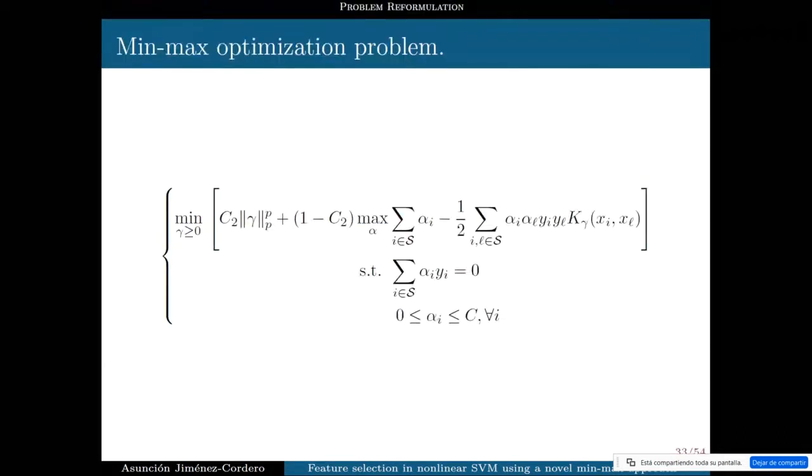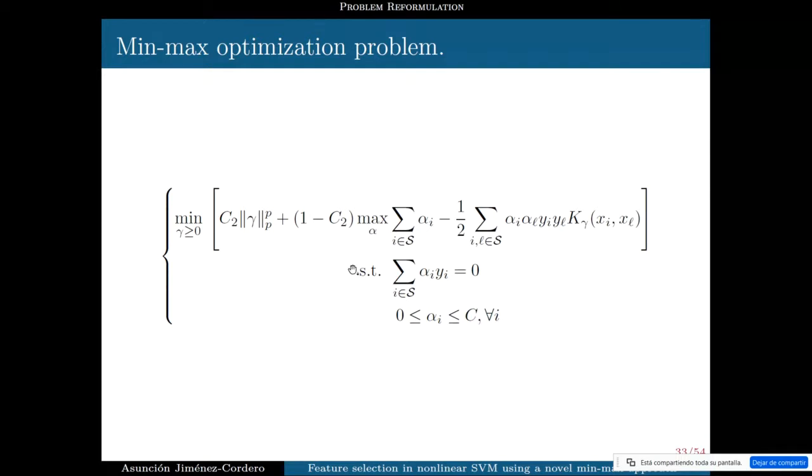So this problem is difficult to handle, because it's a min-max optimization problem. It's non-convex, non-linear, all these things. But we reformulate it into the single-level equivalent problem formulation using different steps.